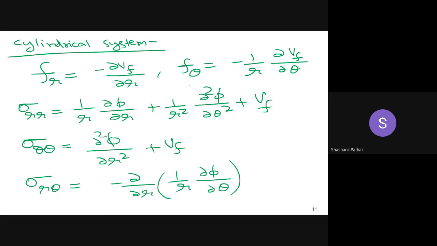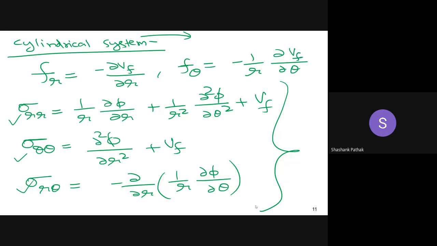So you can see yourself that if you put these in the equilibrium equations of the cylindrical system, these functions will certainly satisfy them, just like I have shown for the rectangular system. That can be shown with a little bit of maths.